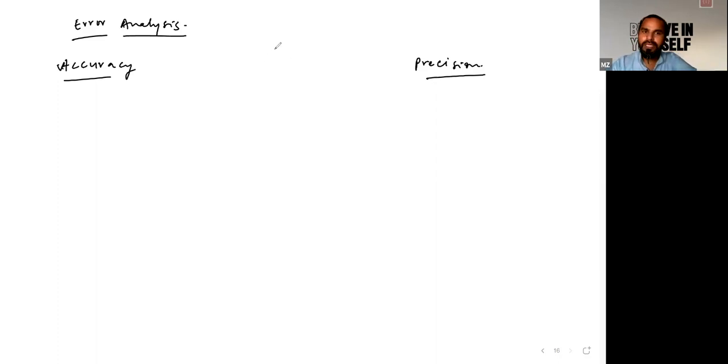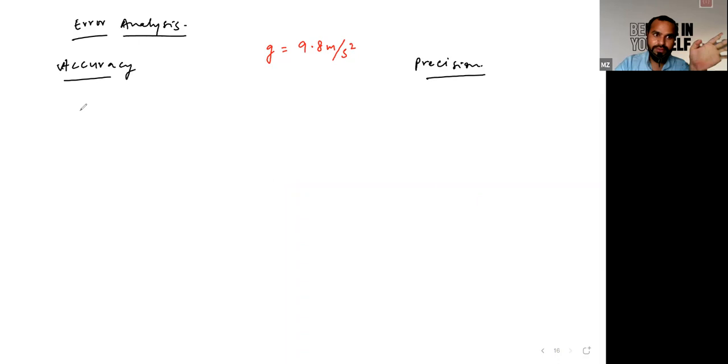Let's say if you have to calculate the value of gravity, small g, it is nothing but 9.8 meter per second square. If we do an experiment to find this particular value, in your class 11 there was an experiment using a simple pendulum. You have to derive this particular gravity.